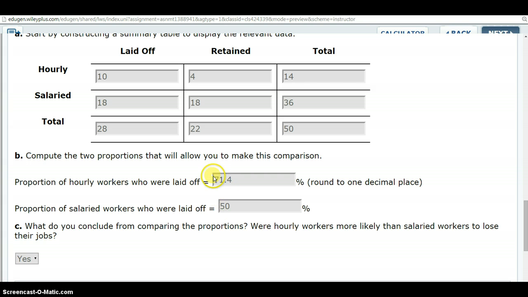Now, of course, this is just kind of an estimate. We won't really know if this difference is significant until we get later in the course and get some statistical tools to be able to do that. But just by eyeballing it, there's a 21% higher chance of being laid off if you were an hourly worker. So that does certainly seem like a difference in proportions.